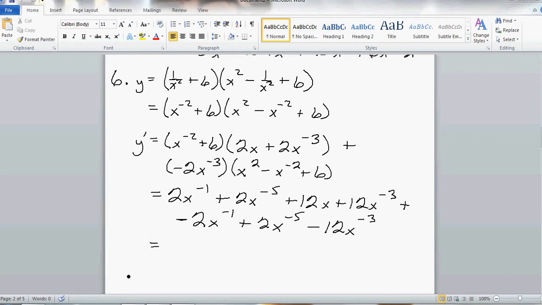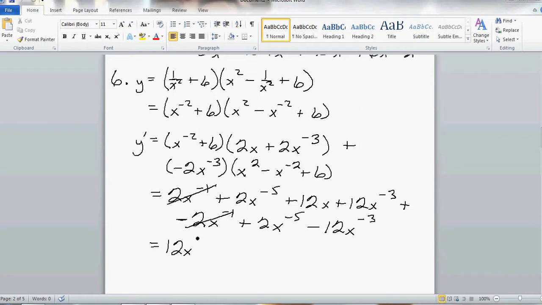Now we're just going to put them in order. Let's put them in order from biggest to least. And let's see, the biggest exponent I have is a 1. And that's the 12x. So I'm going to put the 12x first. Then it looks like the next biggest exponent is negative 1. So I have 2x to the negative 1 and a negative 2x to the negative 1. They actually cancel each other out.